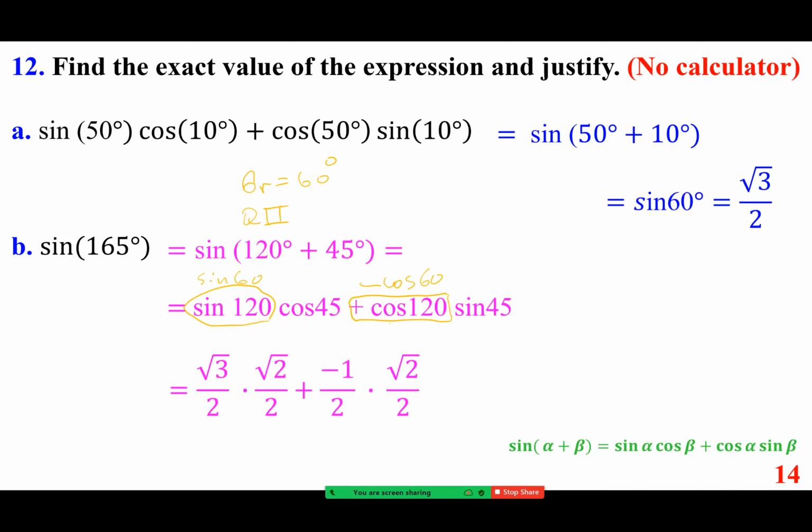So this is negative because in quadrant 2, cosine is negative. Again, 2 times 2, 4, 2 times 2, 4. So the denominator is 4. Product of these two, square root of 6, minus square root of 2 in the numerator. Precise answer, no calculators.